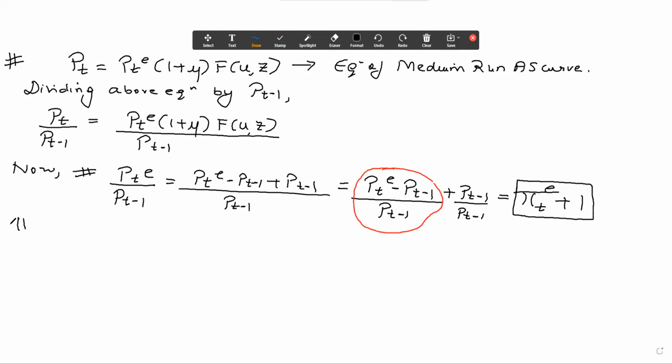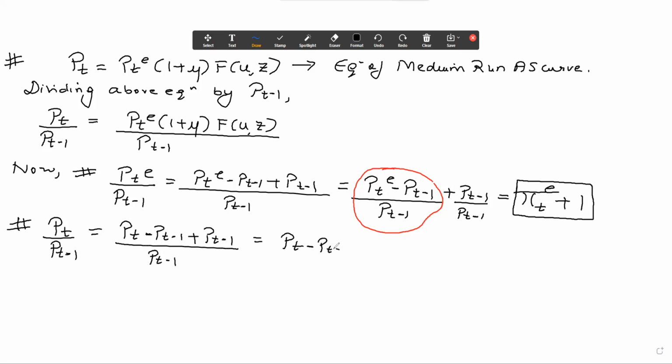On similar grounds, consider Pt upon Pt minus 1. This I can write as, again subtracting and adding Pt minus 1. So this becomes Pt minus Pt minus 1 upon Pt minus 1 plus Pt minus 1 upon Pt minus 1.